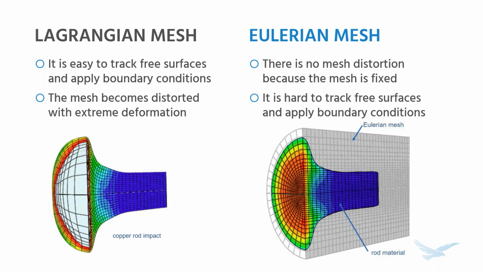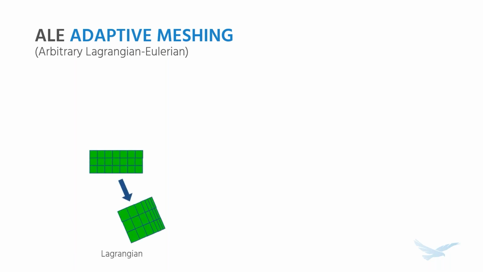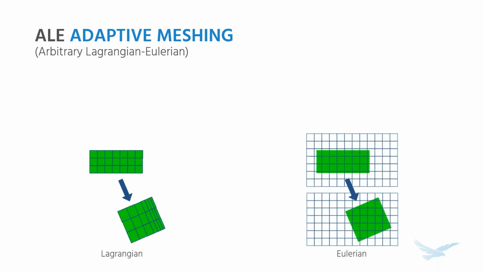And there's two different ways I want to talk about on how you could do this. The first is called ALE, adaptive meshing. ALE stands for arbitrary Lagrangian Eulerian. And what we're doing here is we're going to take the Lagrangian approach, we're going to take the Eulerian approach, and we're going to mix them together on our part.